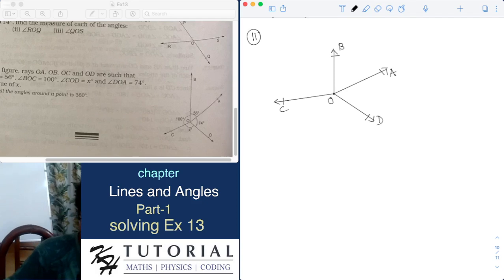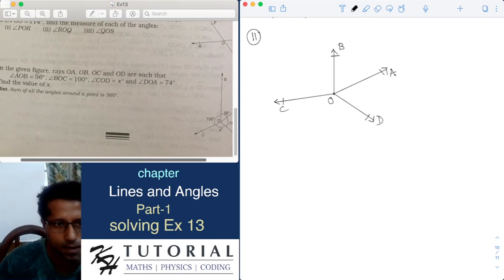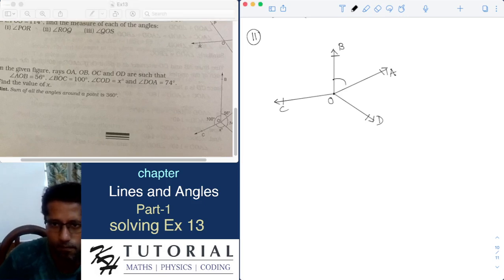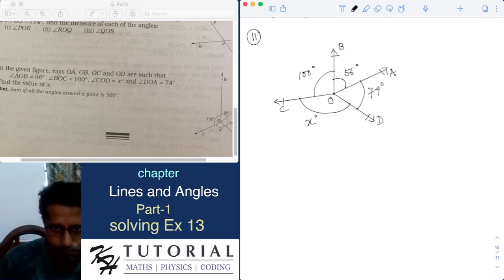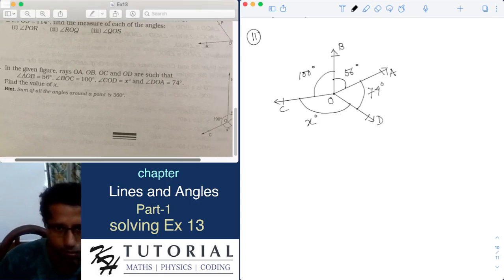All these rays have the common point O. Now it is given that angle AOB is 56 degrees, that is this angle is 56 degrees, angle BOC is 100 degrees, angle COD, this angle is given to be X degrees, and angle DOA, this angle is given to be 74 degrees. So it is asking find the value of X.